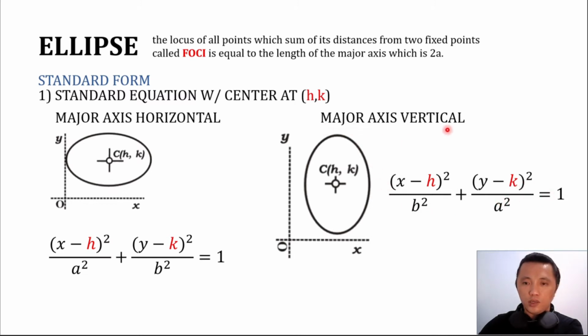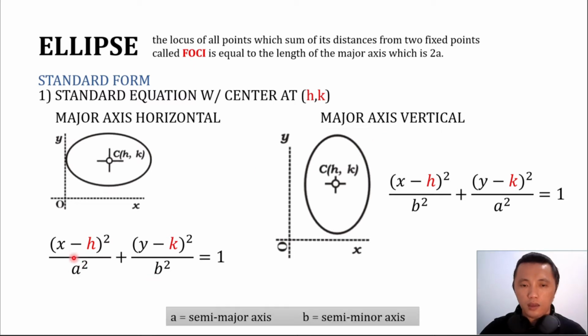So a is under the variable along which the major axis is parallel. If the major axis is horizontal, a is under x; when it is vertical, along y, a is under y.